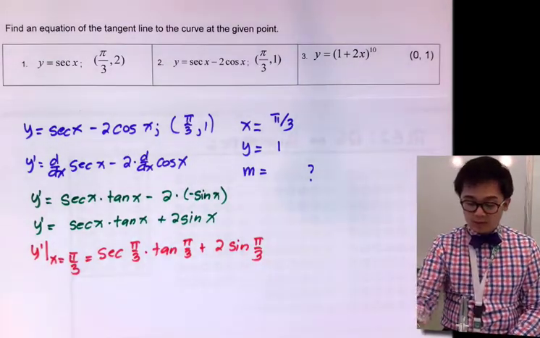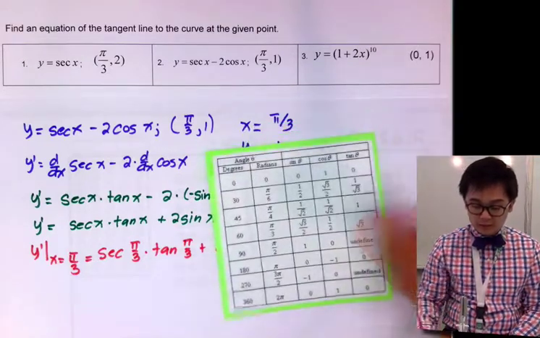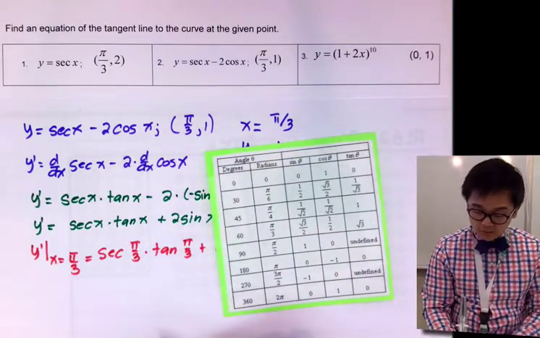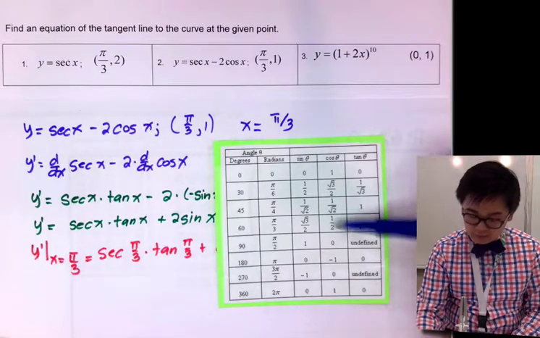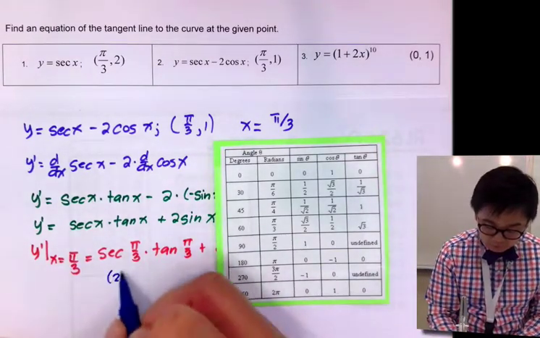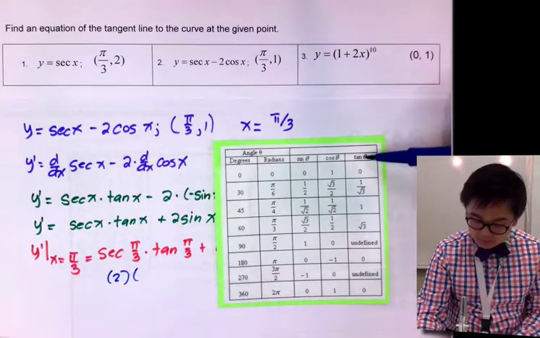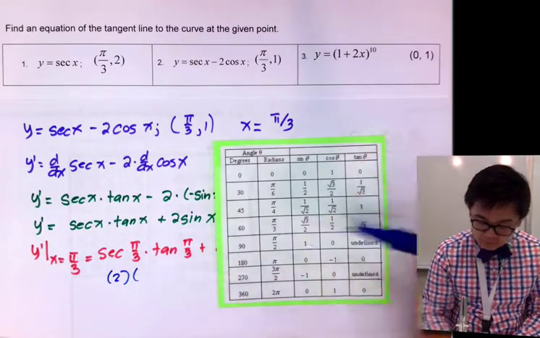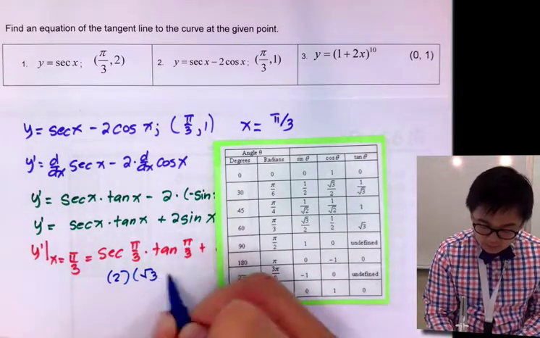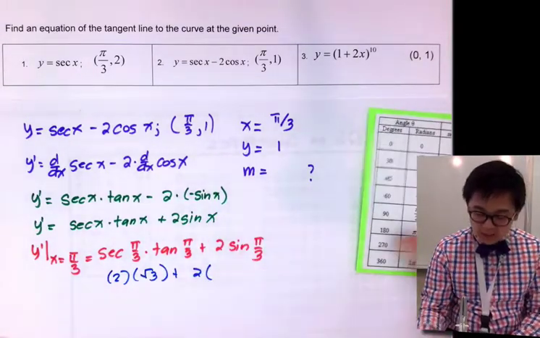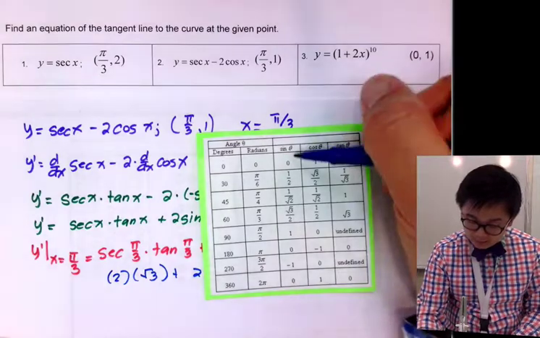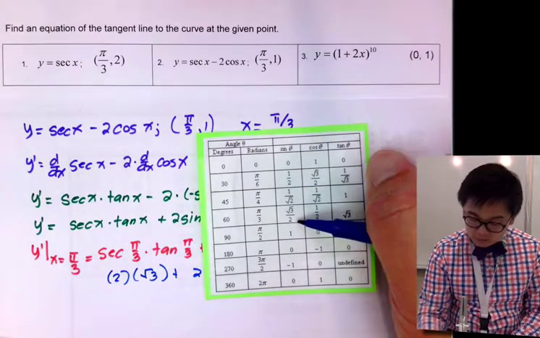Using our values once again, secant pi over 3 is the reciprocal of cosine pi over 3, which is 2, multiplied by tangent pi over 3, which is square root of 3, added to 2 times sine pi over 3. And sine pi over 3 is square root of 3 over 2.